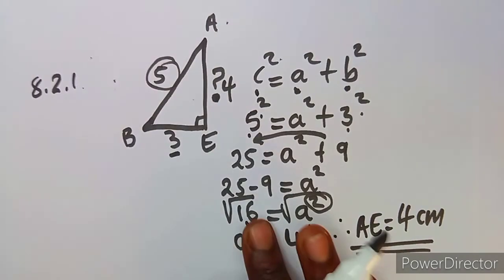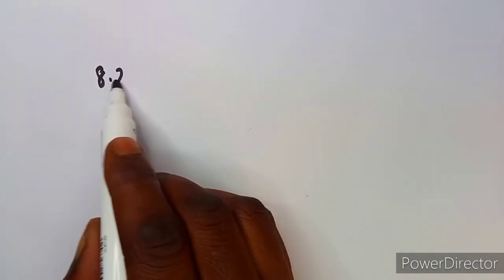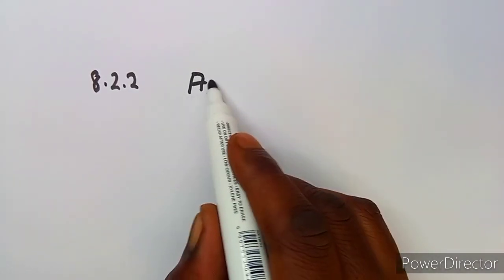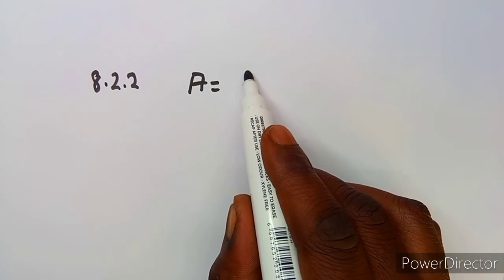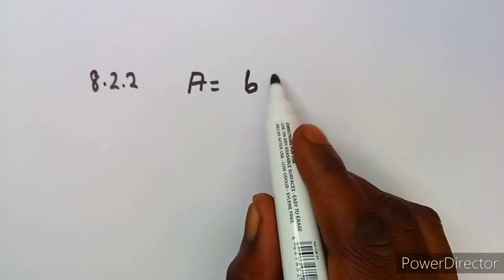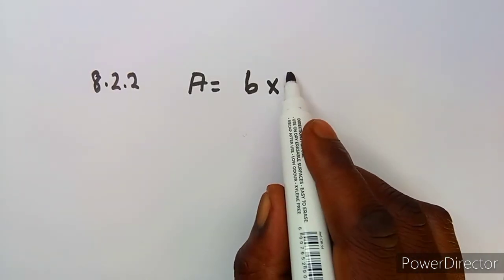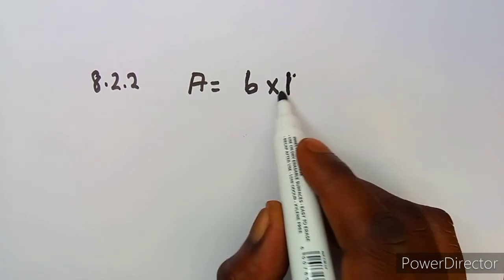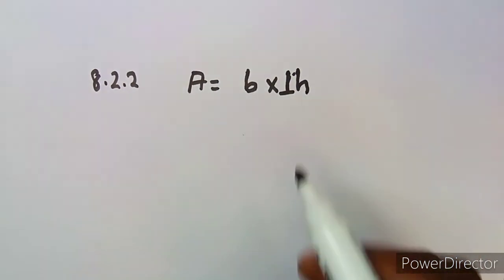So when you are given a parallelogram, guys, the area of a parallelogram is simply the breadth times the perpendicular height.